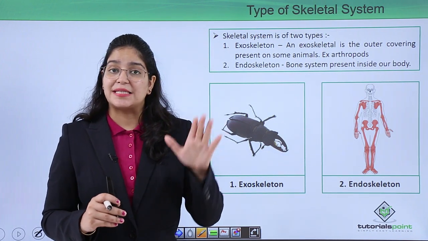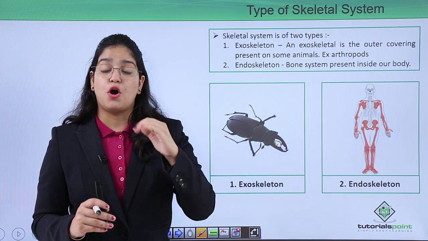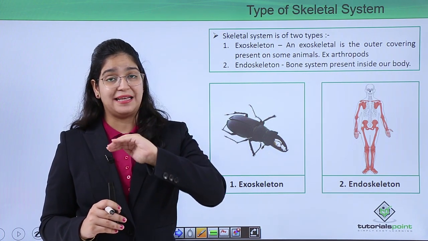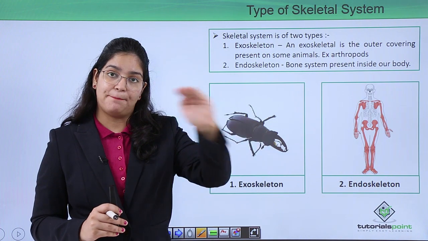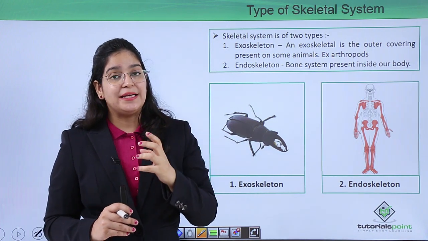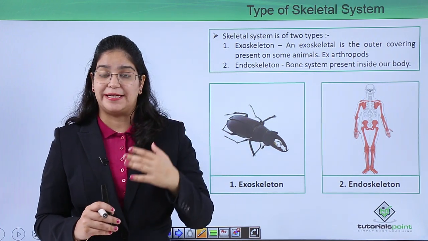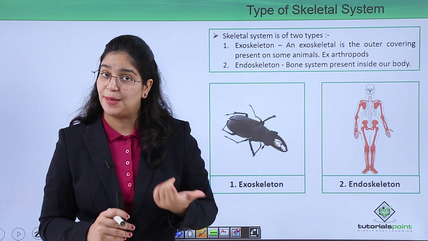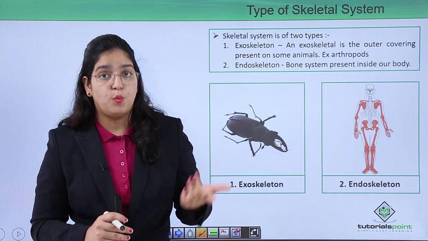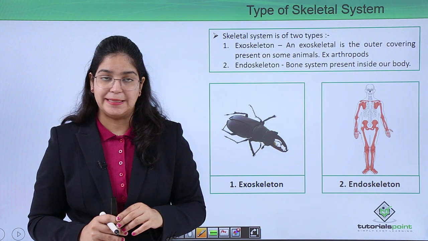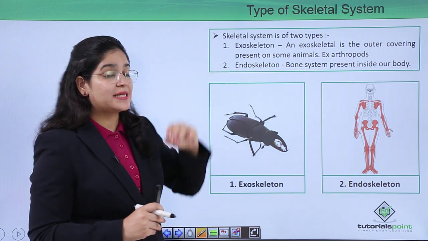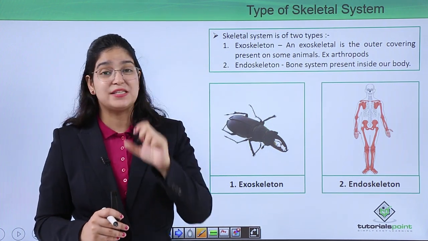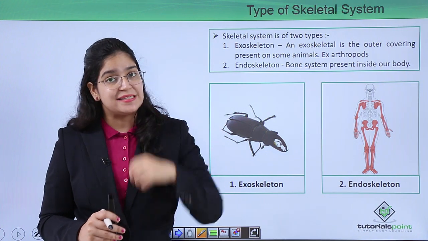Now this exoskeleton is actually a strong or harder covering present on the outer body part, so that an animal can be well protected from the outer environment, maybe from harmful weather or from its predators. At the same time, endoskeleton is a strong system present inside the body.